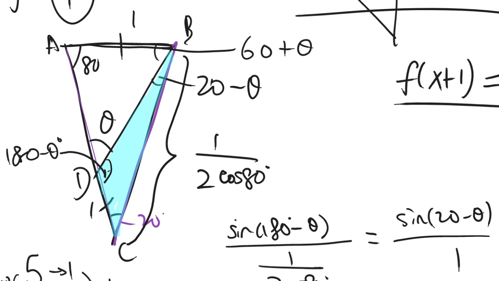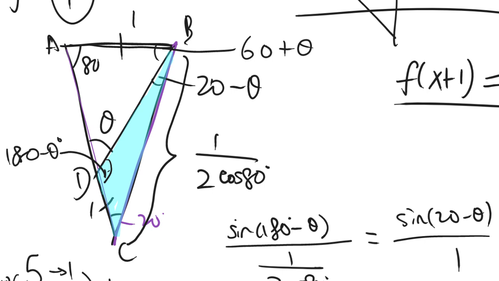So this is theta. I can write every other angle in terms of theta. Like this would be 20 minus theta. This would be 60 plus theta. Then I can do a bit of sine rule over here, because I can do sine rule on the triangle BDC. Well, first of all, this is 1.